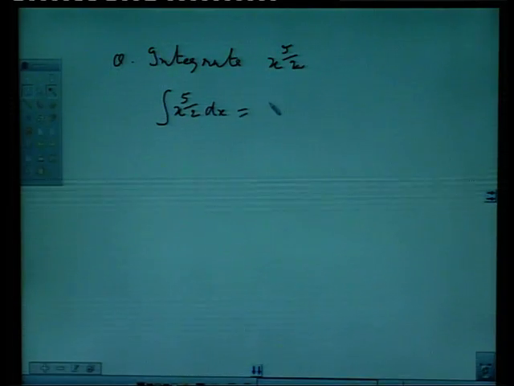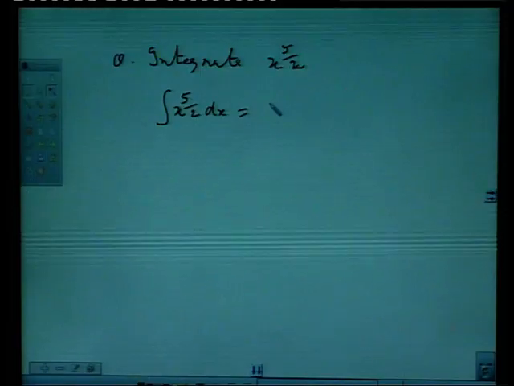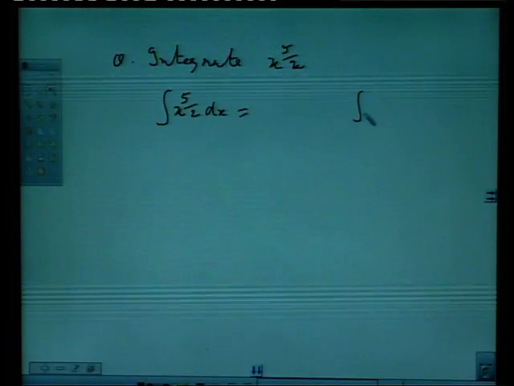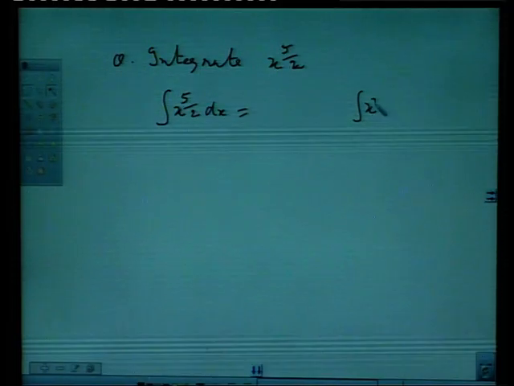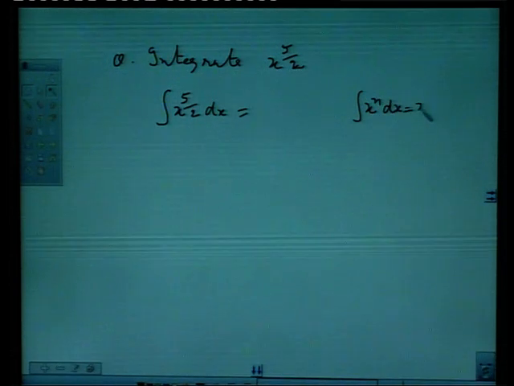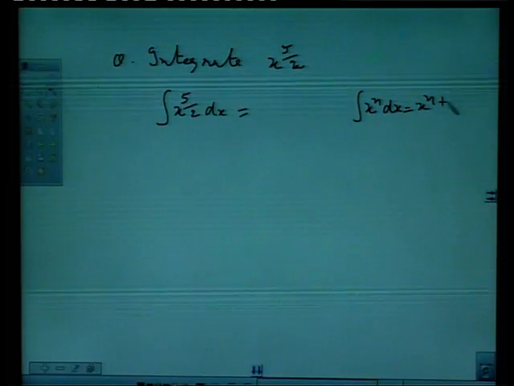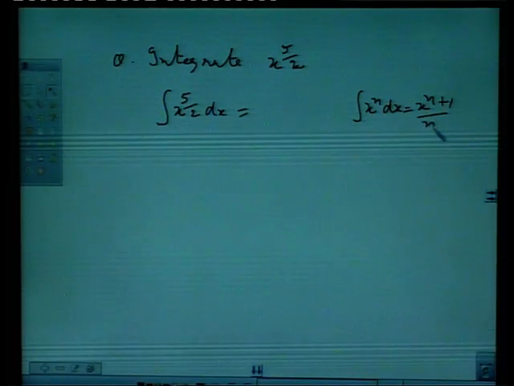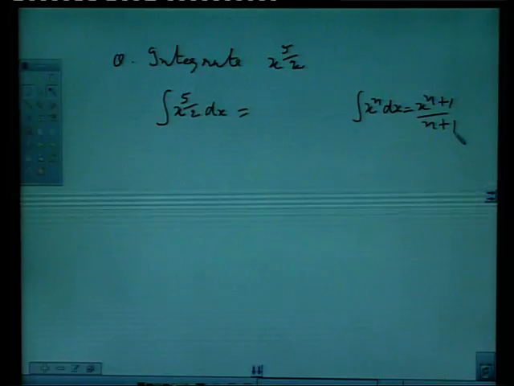is, by power formula, as I told you, increase the power by 1 and divide it by the same.